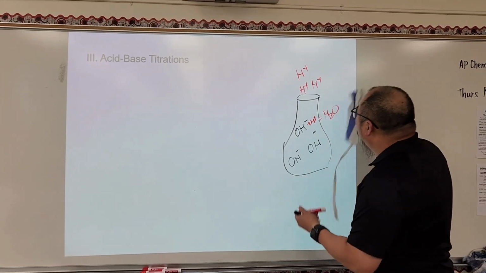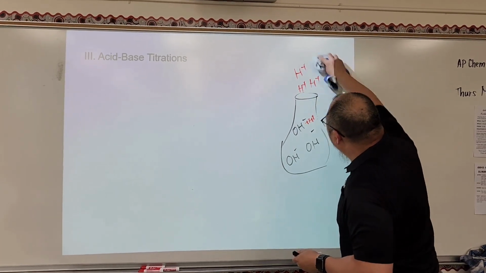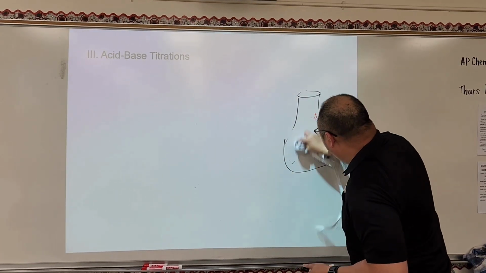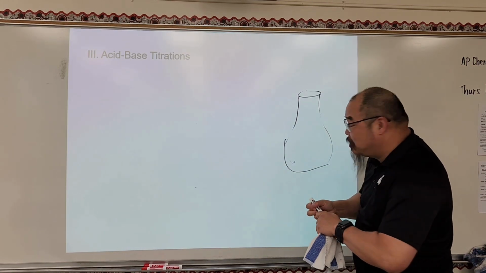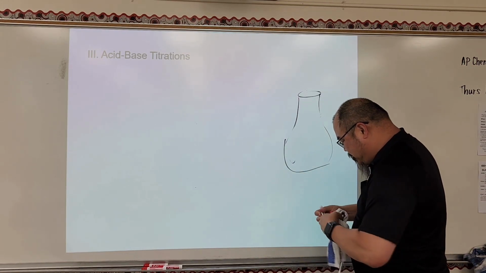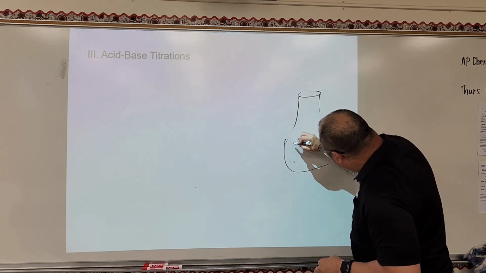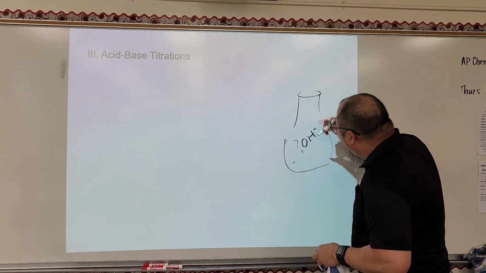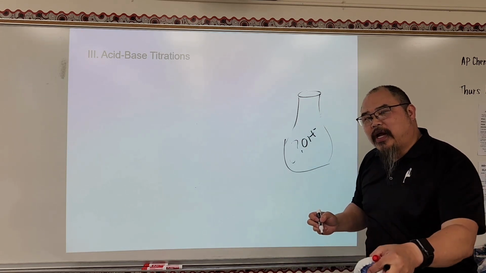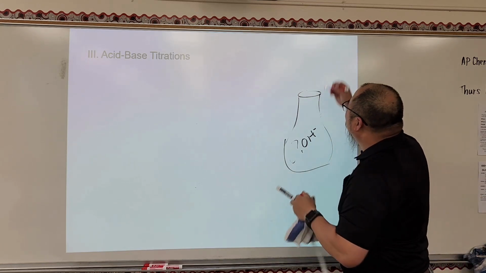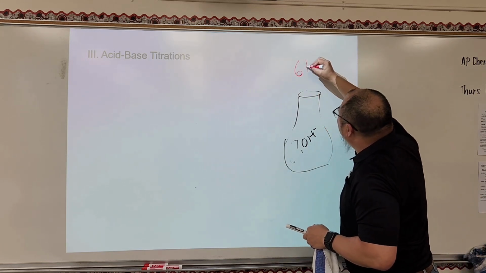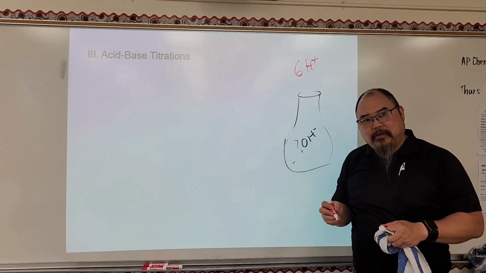Good? Well, what happens if I don't know how many hydroxides are in here, and I still try to neutralize it, and it takes me 6 protons to neutralize it?